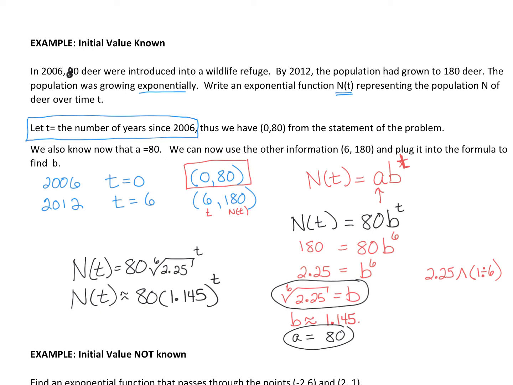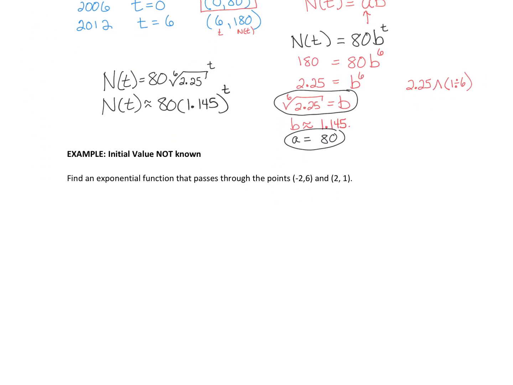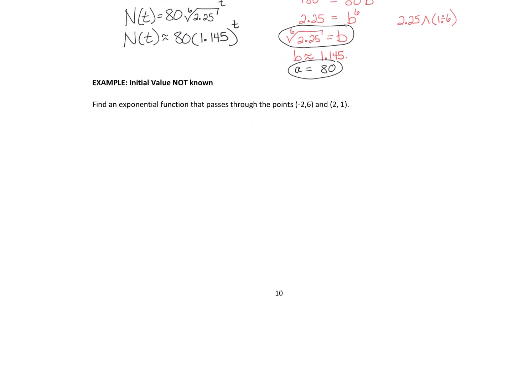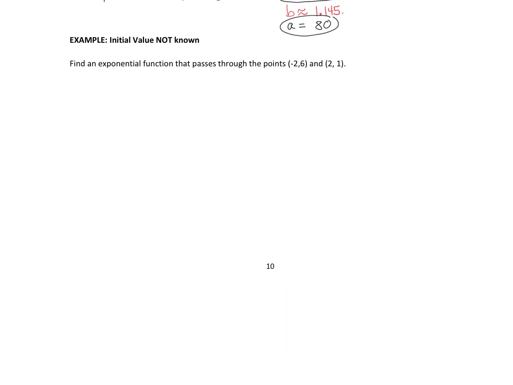All right, we have another example here. In this example, our initial value is not known. So we are given two ordered pairs, (-2, 6) and (2, 1), and we are told that it is an exponential function. That means that our function, f of x, has the form a b to the x.